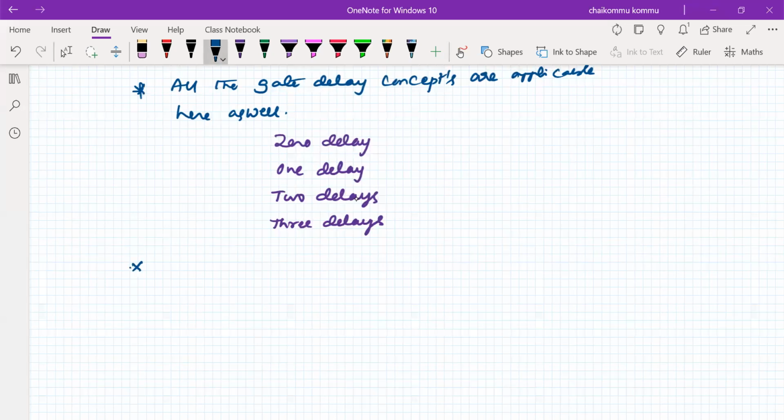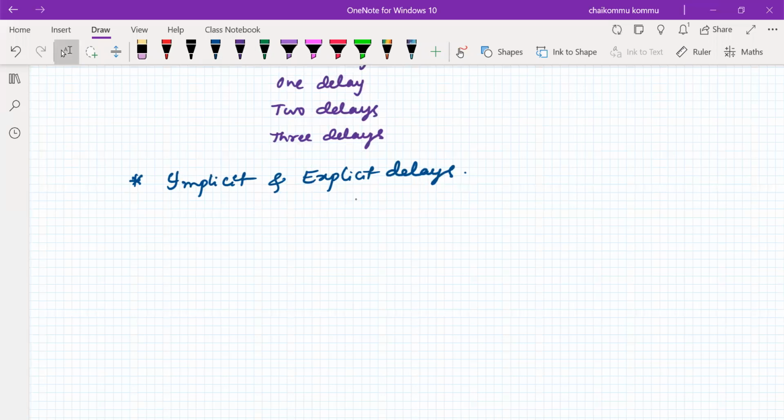For the sake of simplicity, I'm going to tell you another point. Normally we have implicit and explicit delays. What do you mean by this? These are just technical names, nothing more than that.